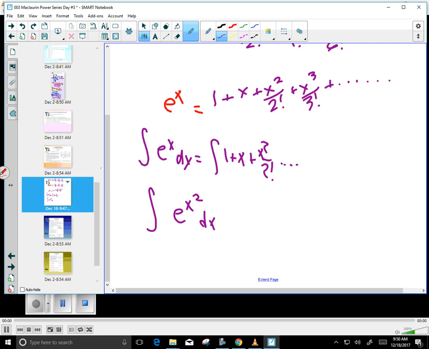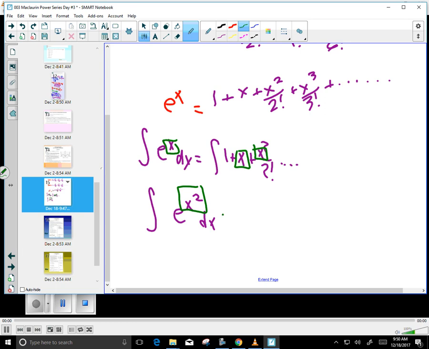And the reason you can is, Max, you're going to replace this x with this x squared. So wherever you see an x, I can substitute, because of this series, which is all that's doing is changing a power numerically. It doesn't change the variable.